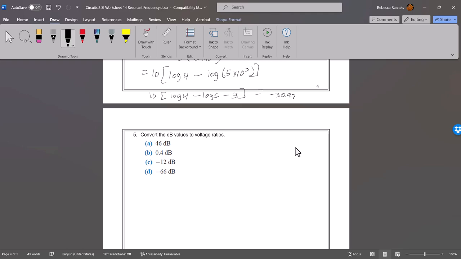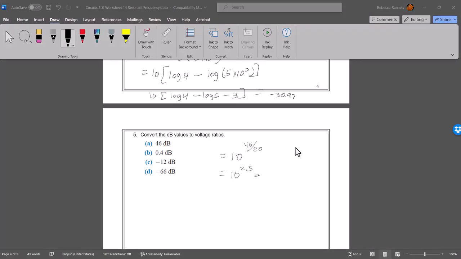The way I do this is that my voltage ratio is going to be, for the first one, 10, and then raised to this number 46 over my scale factor, which was 20. So this is 10 to the 2.3, and 10 to the 2.3 is it really 199.5?